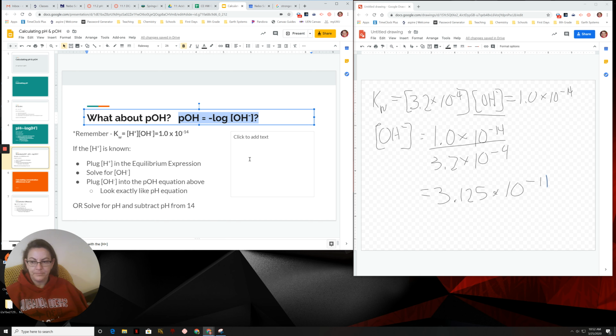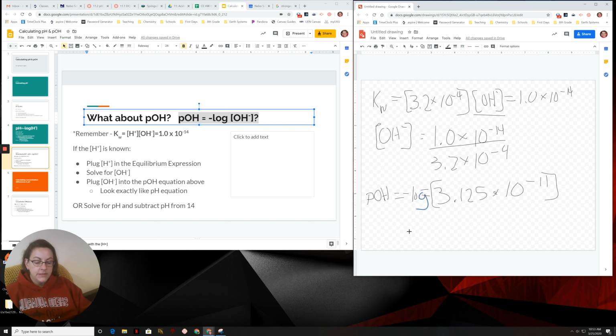So I can solve for pOH equals the negative log of 3.125 times 10 to the negative 11th.